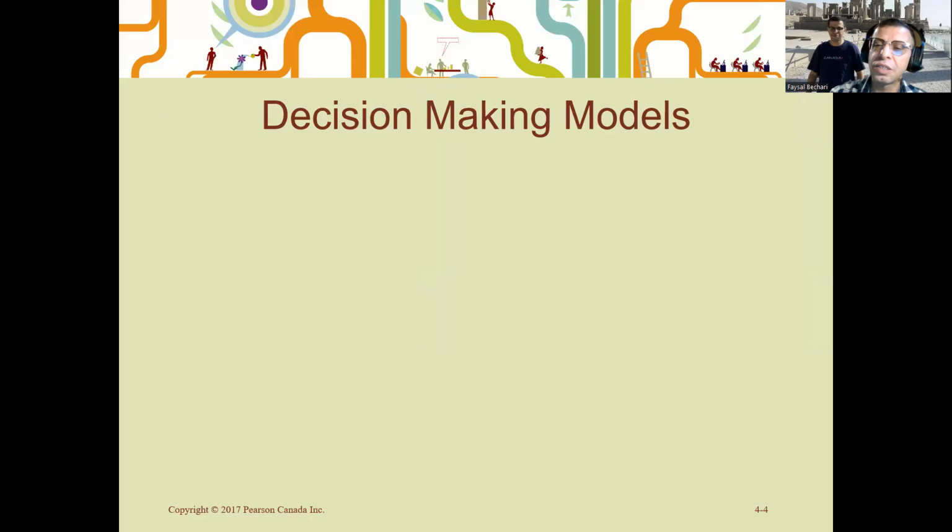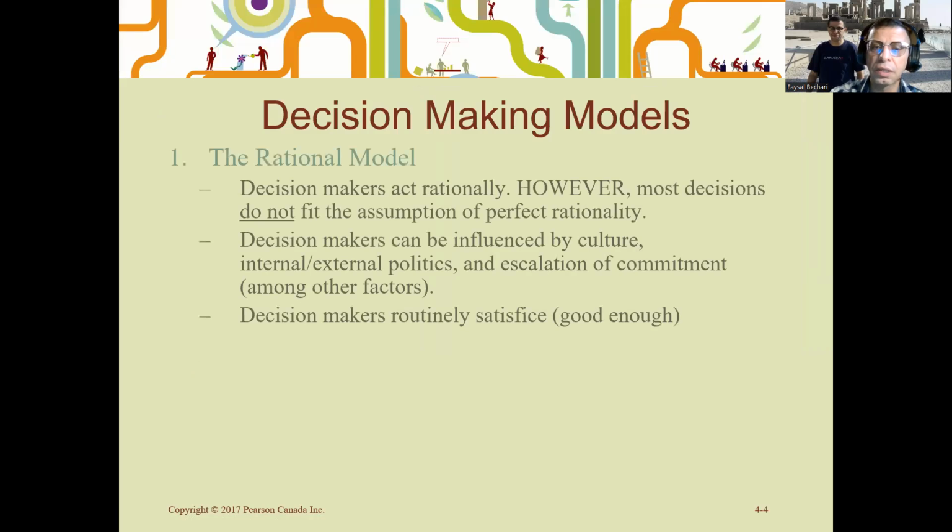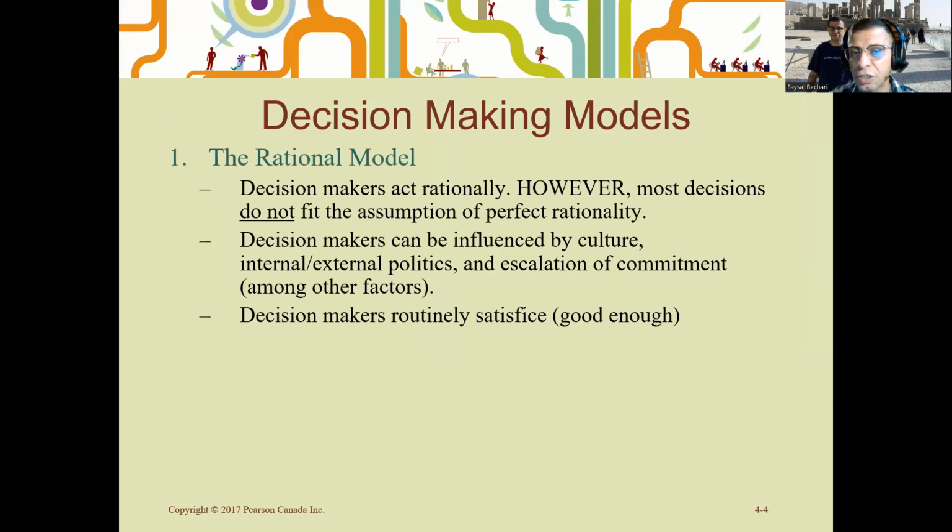Now, the decision making models could be a rational model, in which decision makers act rationally. However, most decisions do not fit the assumption of perfect rationality. So that's something you probably need to take into consideration.